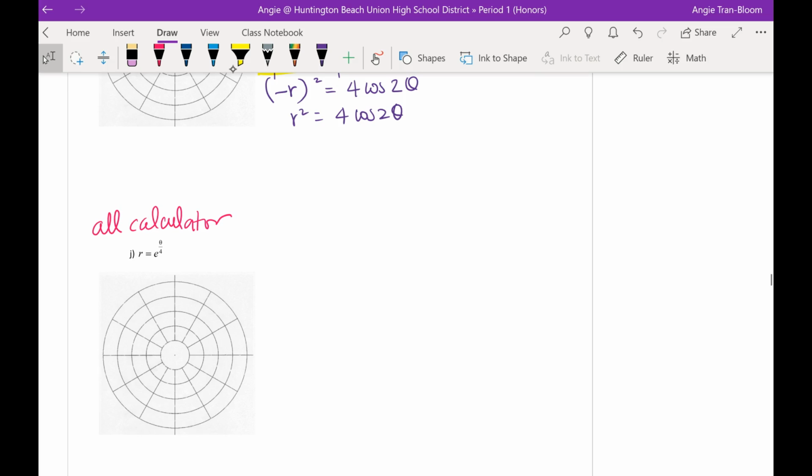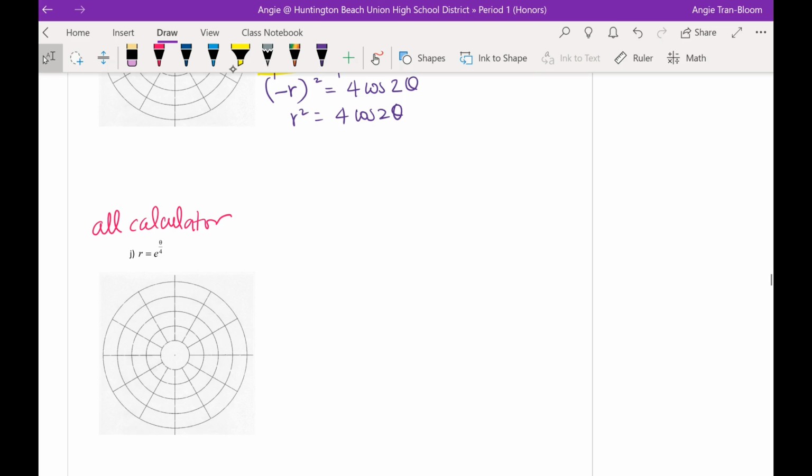The bigger, the more cycles. Your window on the theta, you mean? You can go like 0 to like 10 pi maybe, to have more revolutions.